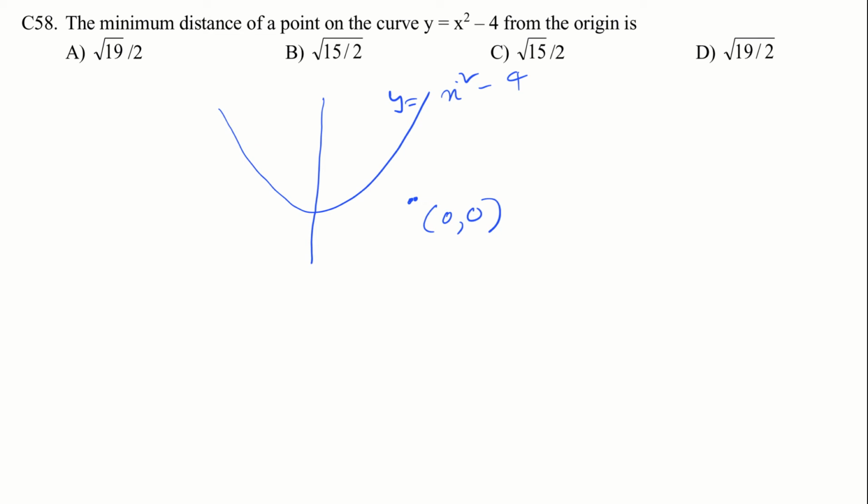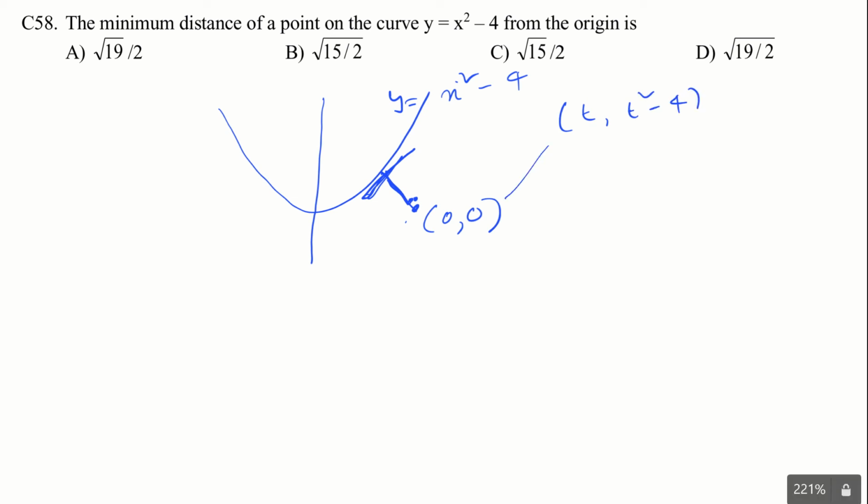In this problem, he asks us to find the minimum distance from a point on the curve to the origin. We have to find this minimum distance. If I take any point on the curve, it will be of the form, say if I call x as t, then y will be t square minus 4. Any point on the curve.